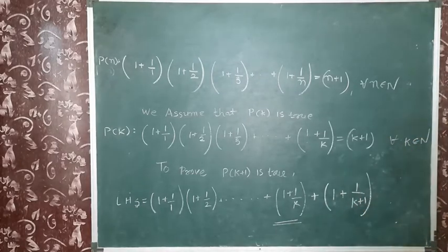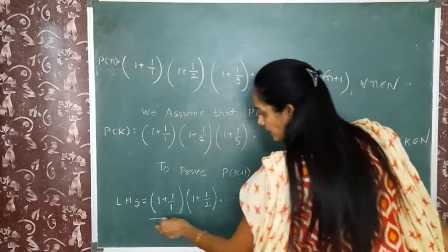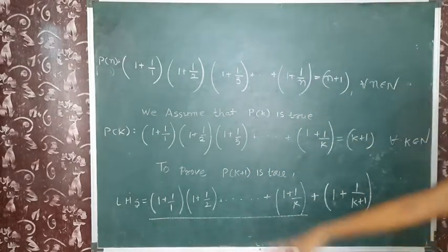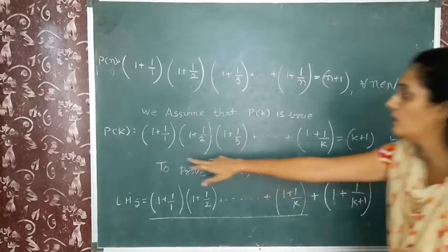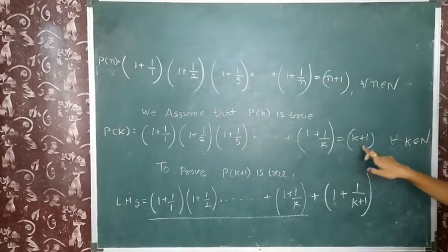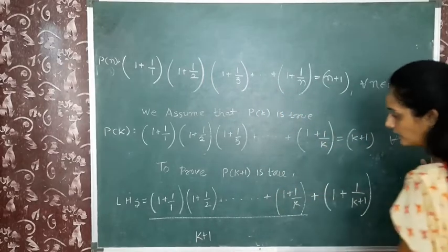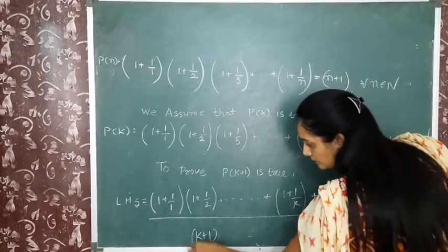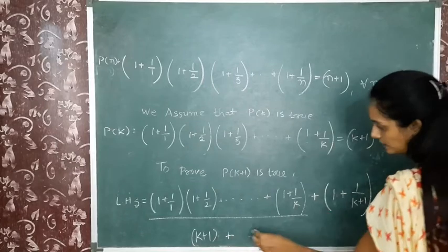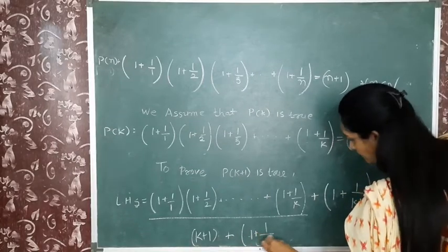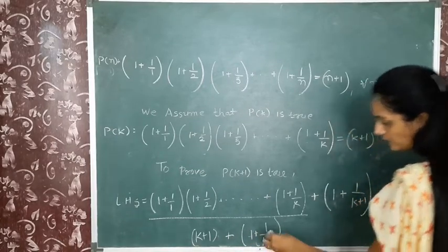Okay. Now we replace the value of this step from P of k, and the value of this step is k plus 1. So here I can write k plus 1 plus, this step as it is, 1 plus 1 upon k plus 1.